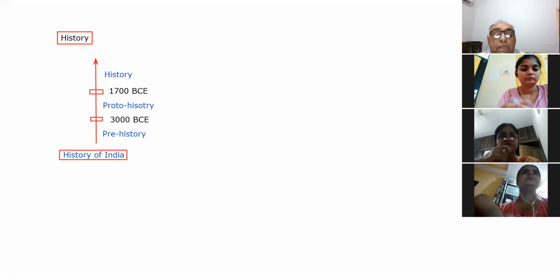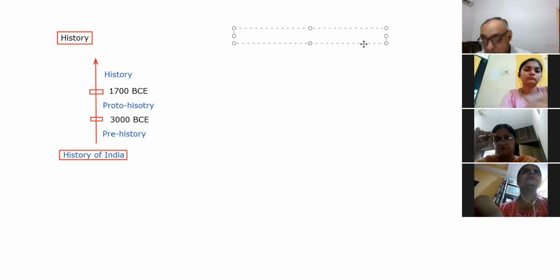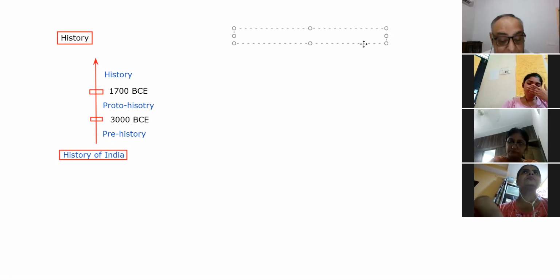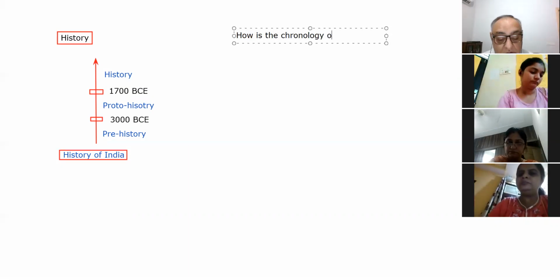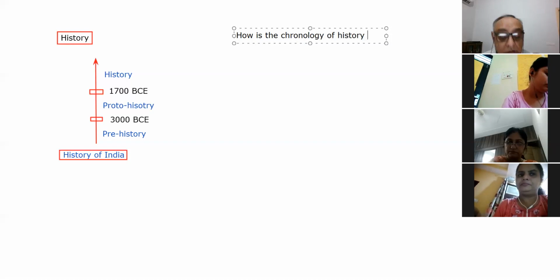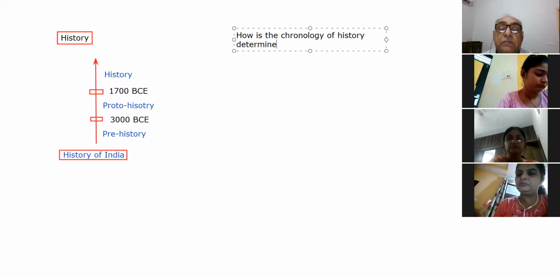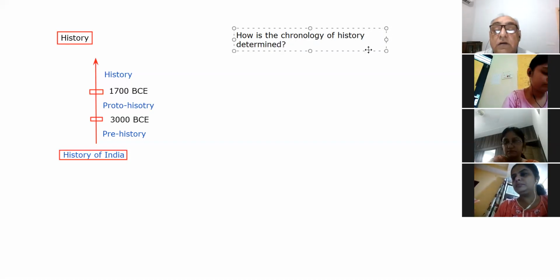Now the important next question here is, how is the chronology of history determined? How is the chronology of history determined?